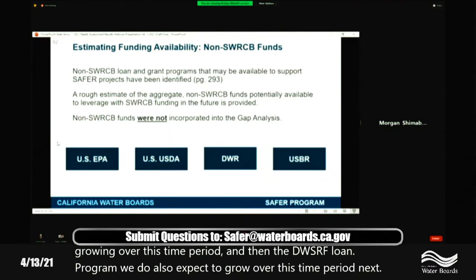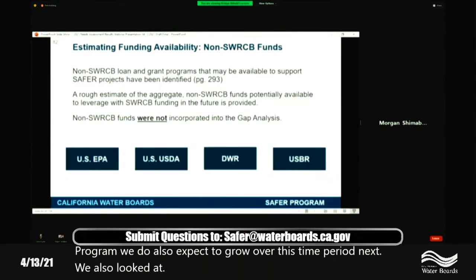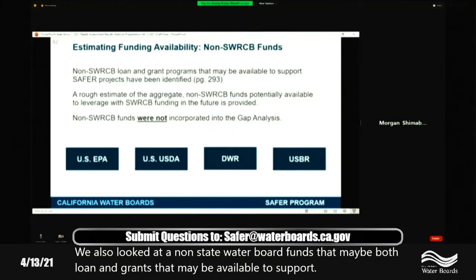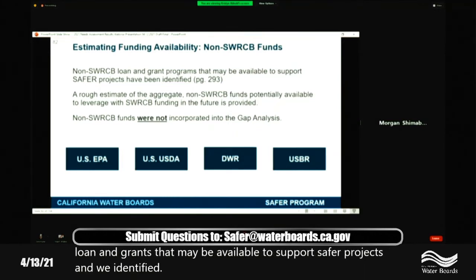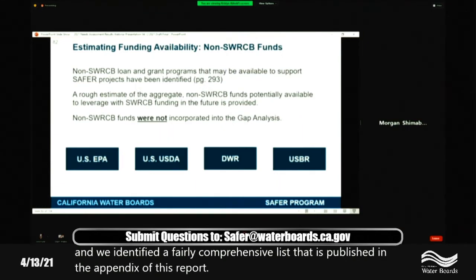We also looked at non-state water board funds that may be both loan and grants that may be available to support SAFER projects. And we identified a fairly comprehensive list that is published in the appendix of the gap analysis report.